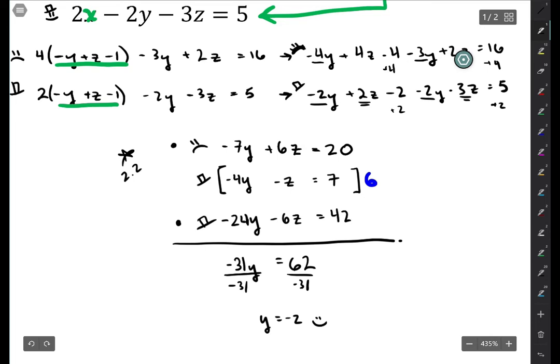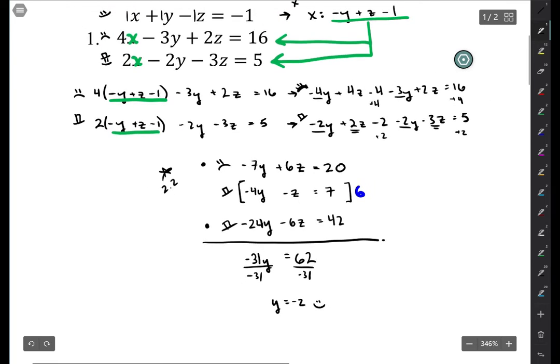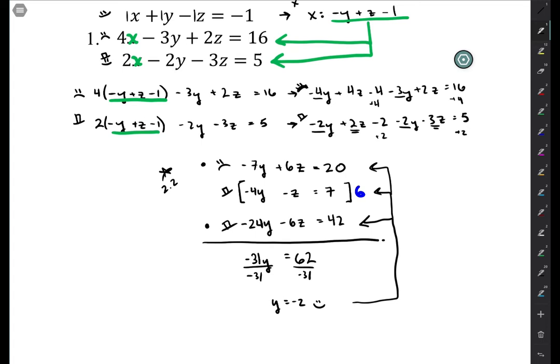Now, with one variable, we still need to find x and z. When you have one variable, you have to work your way back up. So we'll substitute into an equation that has two variables. You could choose any of these three equations. I will choose negative 7 times y here.